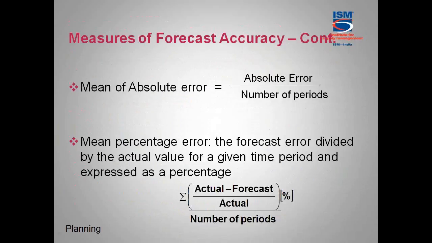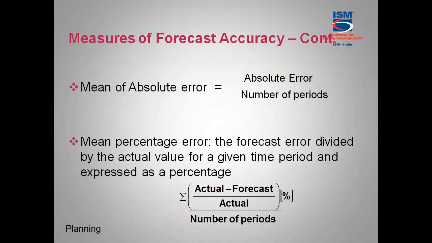So 105 minus 100, my deviation or error is 5. Now it could be plus 5 or minus 5, but in this case we take the absolute value, so just 5 without any sign, divided by the number of periods. If I have 20 observation periods, I do the summation of all the observations divided by 20, and that is my mean absolute error.